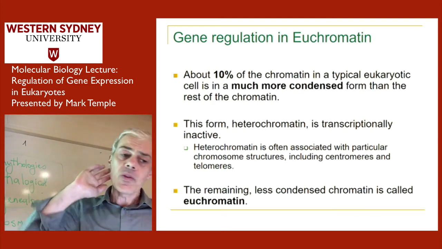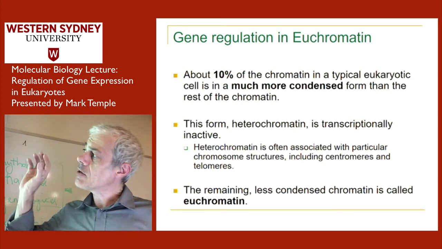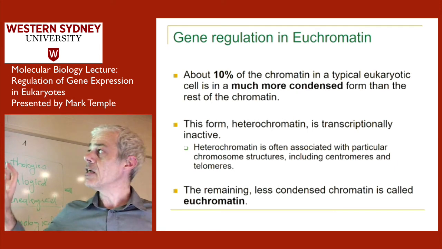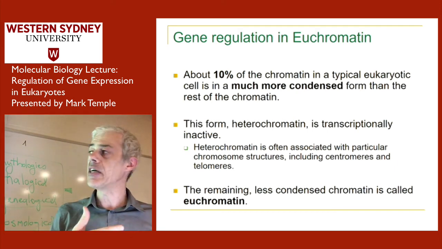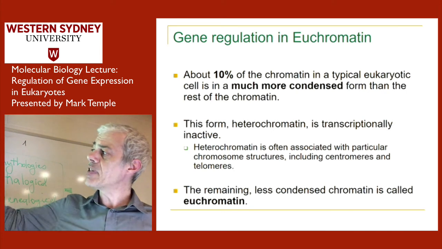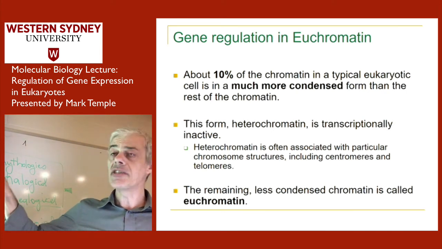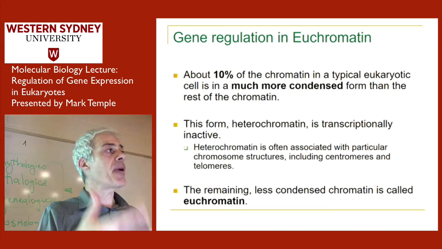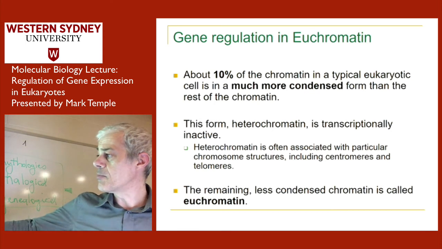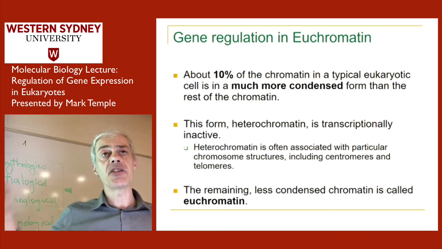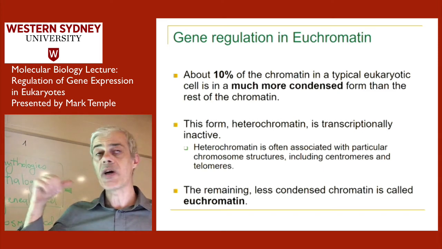Okay, so we're moving on now. I've been saying to you that tightly packaged chromatin is called heterochromatin. About 10% of the genome is really tightly packaged, but it's not in regions of the genome where you expect to find gene expression. So there's centromeres and telomeres, the center of the chromosomes and the ends of the chromosomes, where there aren't genes.